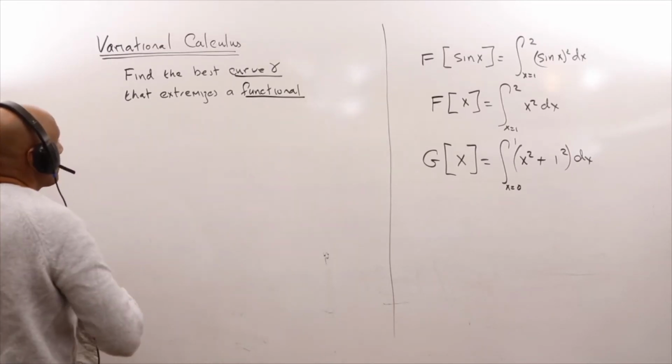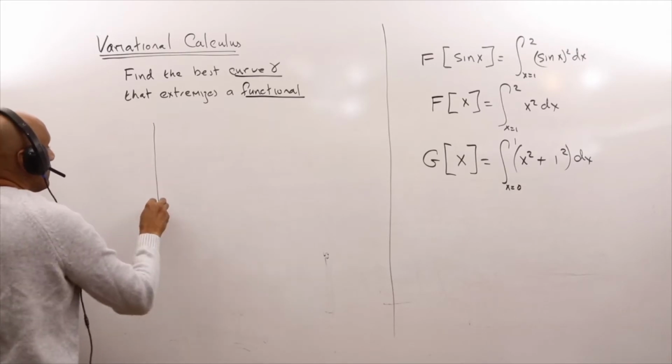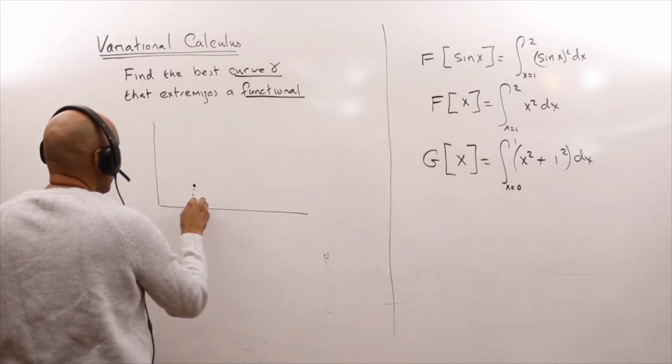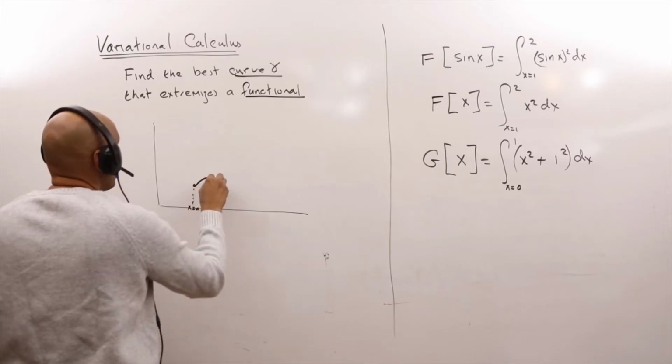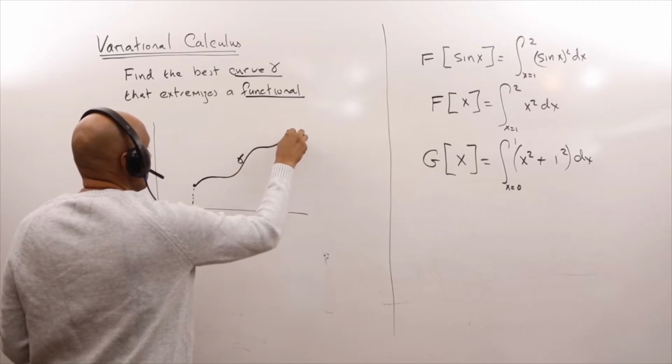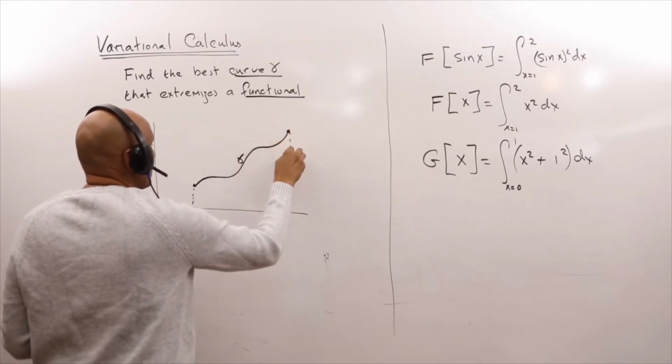So let's do it graphically. So imagine that we start from x equals a, and here's gamma, a path that takes it to a point x equals b.